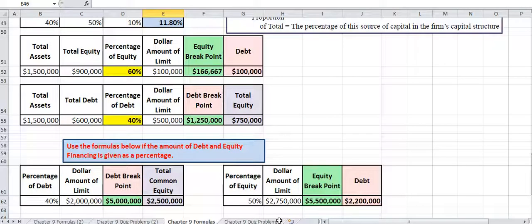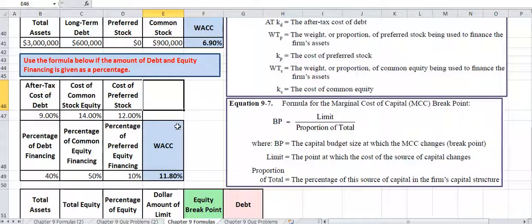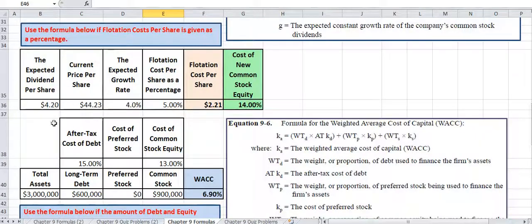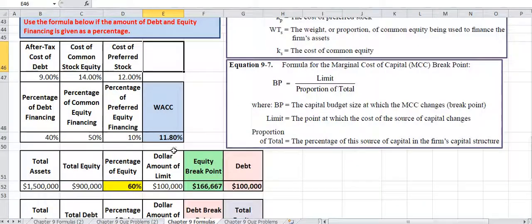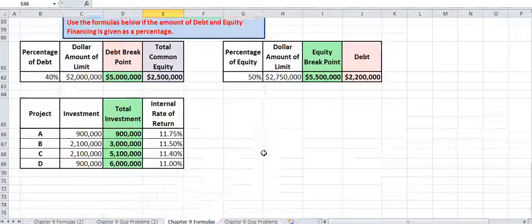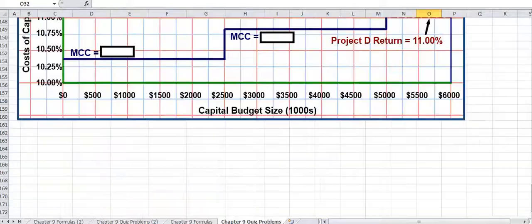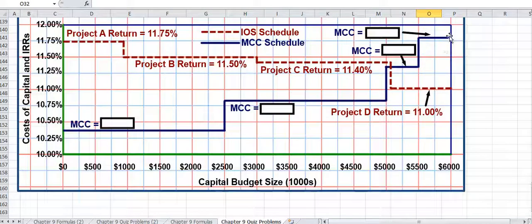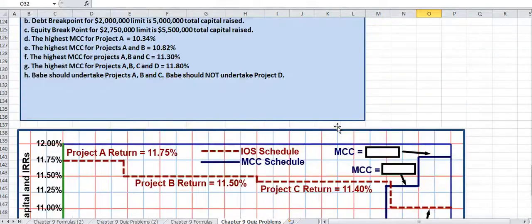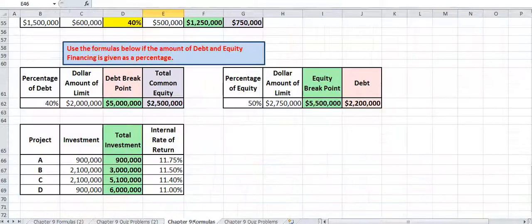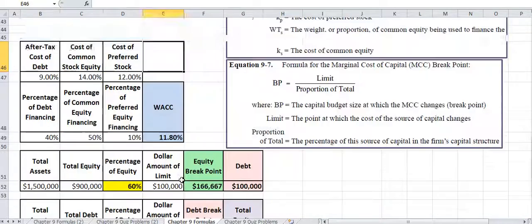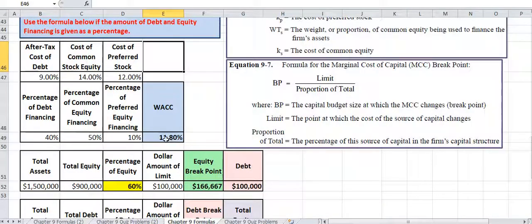That's why we're having to issue new stock at a cost of 14%, which we figured out in this formula right here, and that gives us the weighted average cost at that point, or the marginal cost of capital at that point. So in the chart you would put the average cost of capital right up here. This number would be whatever we got, 11.8, right? Yeah, 11.8. So there you go.